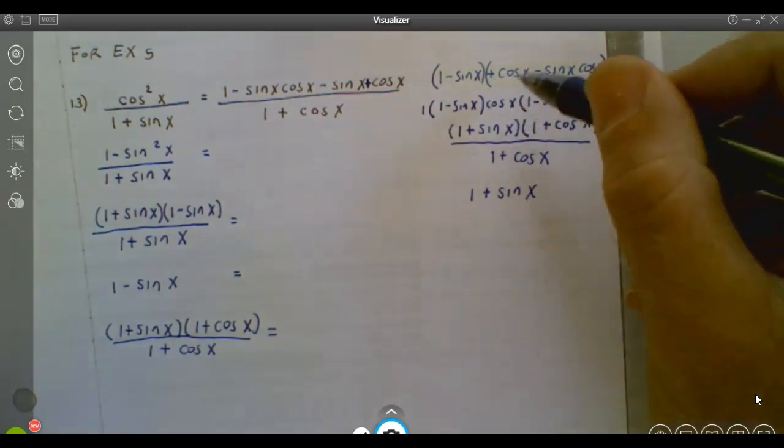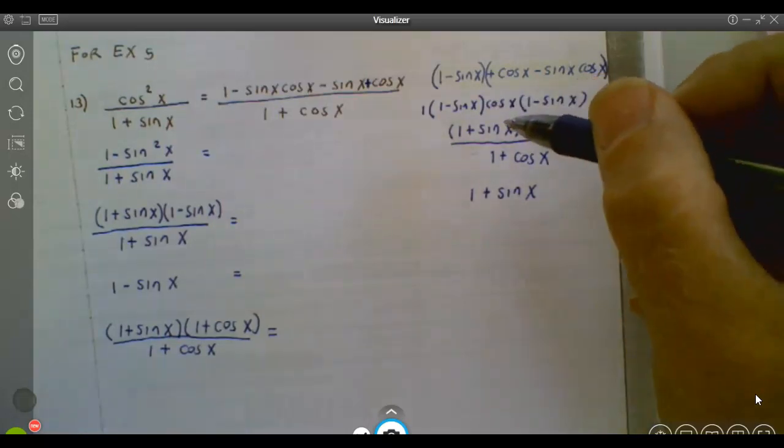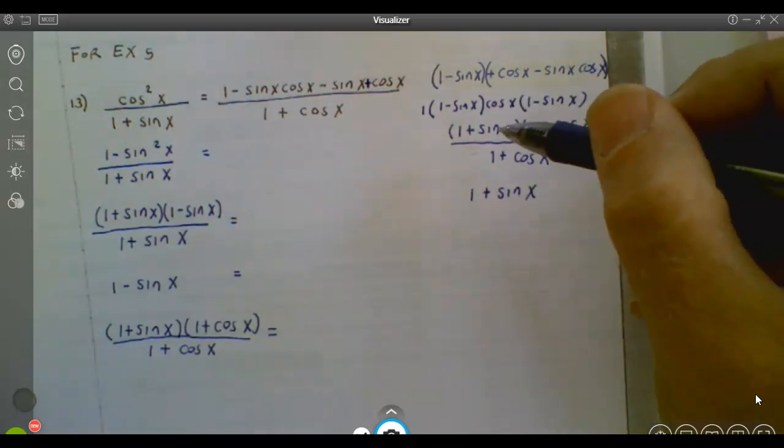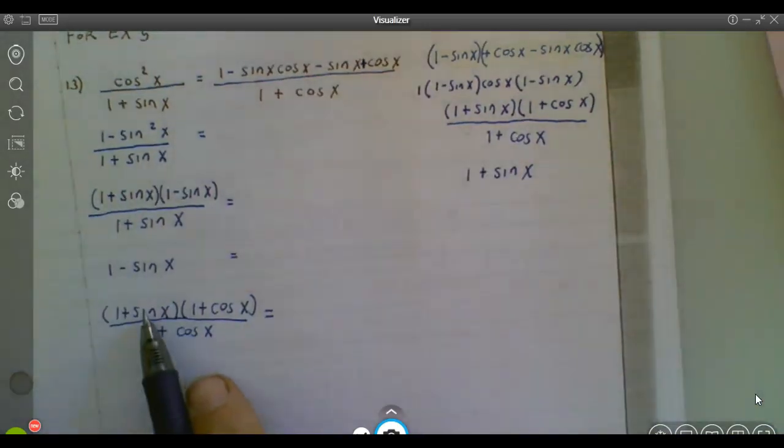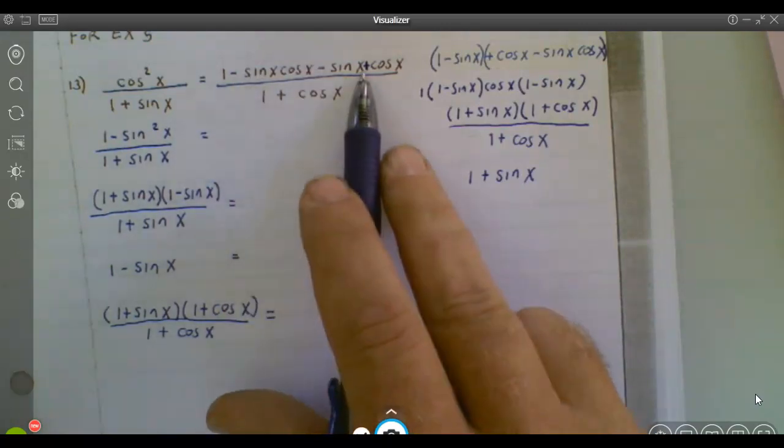So really, this little side work of the factoring process is not necessary as far as showing it within the steps. The idea is if I were to multiply those 2 things back together, I would get this line right here.